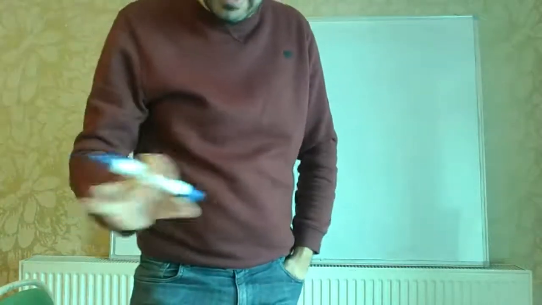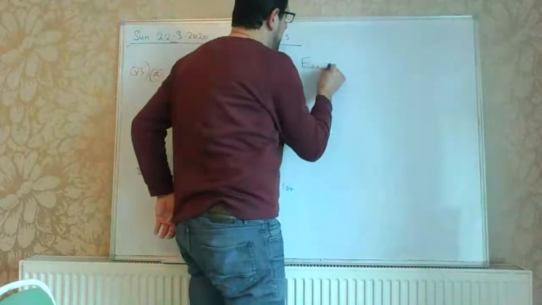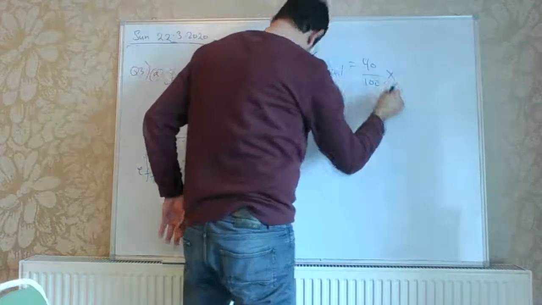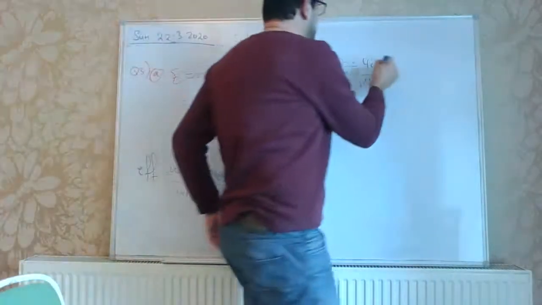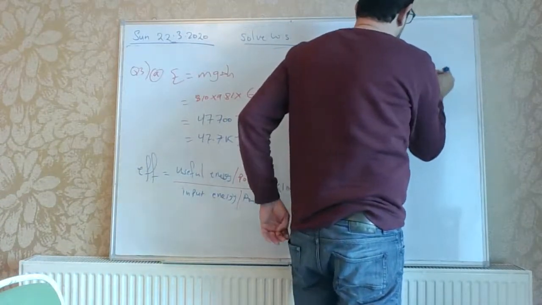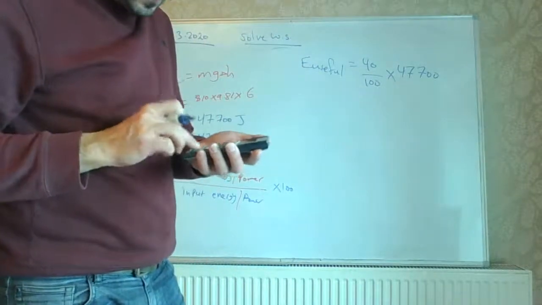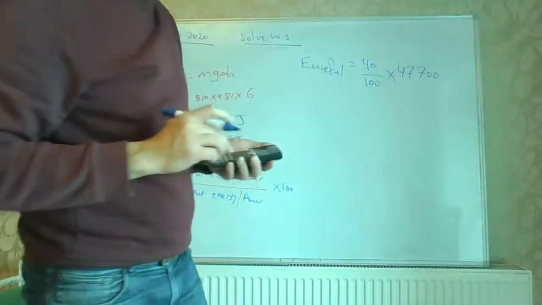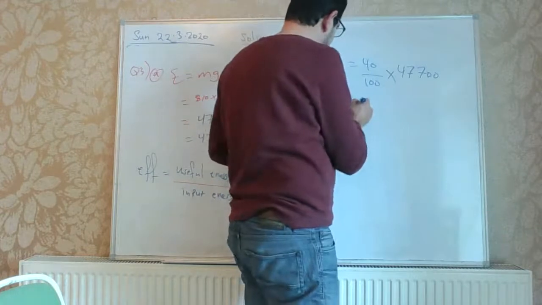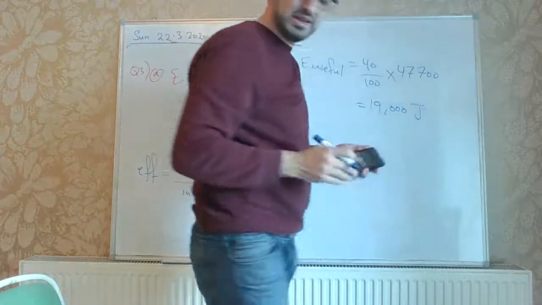So this is the useful energy. The useful energy is 40% of the 47.7 kilojoule. This is the energy that has been used, 40%. It comes out to about 19,000 joule, right? 19,000 joule. This is the energy.